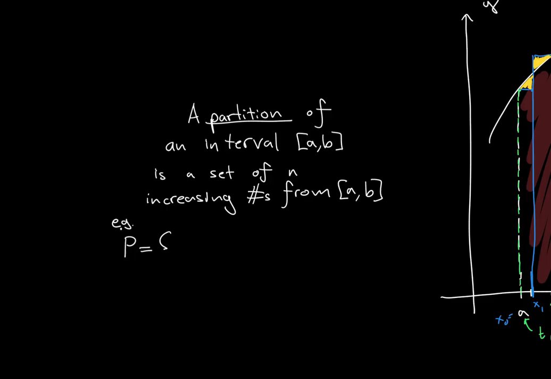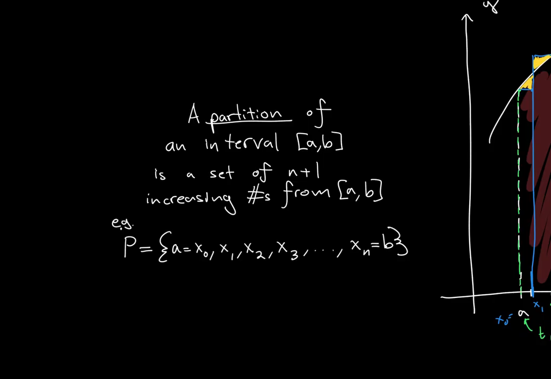a partition could be this set, A, which is equal to x sub naught, comma, oh, I guess it would be n plus 1, increasing numbers, x sub 1, x sub 2, x sub 3, and this would continue until we get to x sub n, which is the same thing as B. So I'm just taking n plus 1 numbers, one of them being A, one of them being B, from this interval.